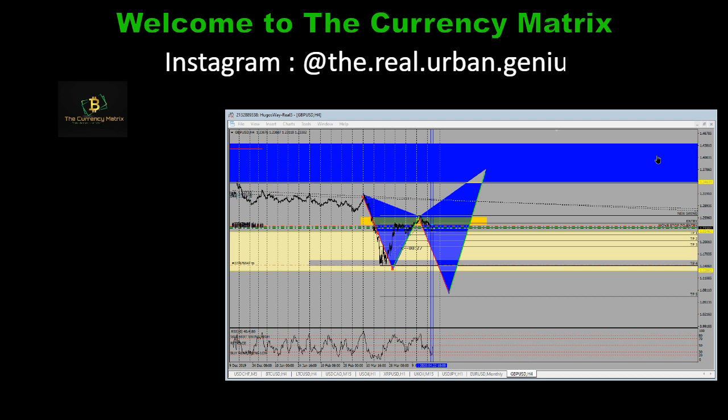These are harmonic patterns here. Where is it at? There we go. So you see we have X to A to B, B to C, C to D. This image here on the left, this bearish butterfly, is the pattern that we just drew on the chart.